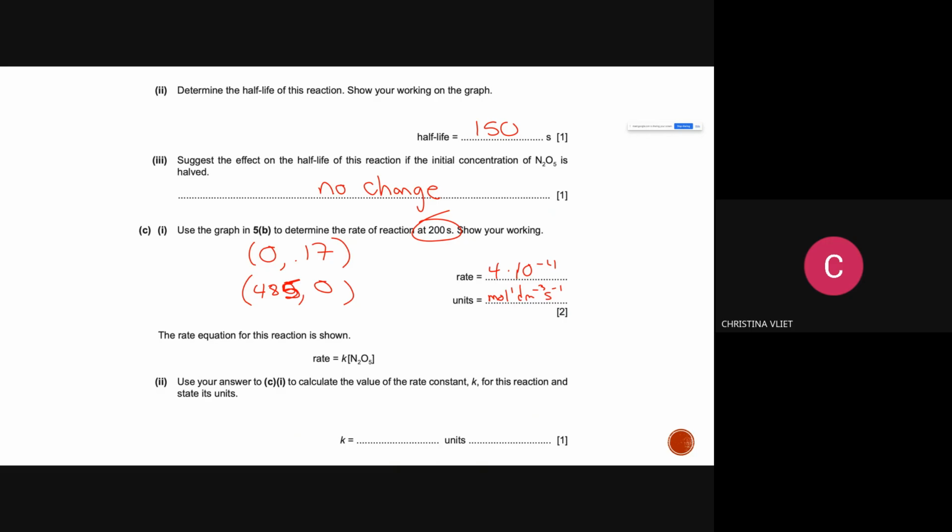Use your answer to C1, which I got was approximately 4 times 10 to the negative 4, to calculate the value of the rate constant for this reaction. So given that we know the rate is this, how can we find k?